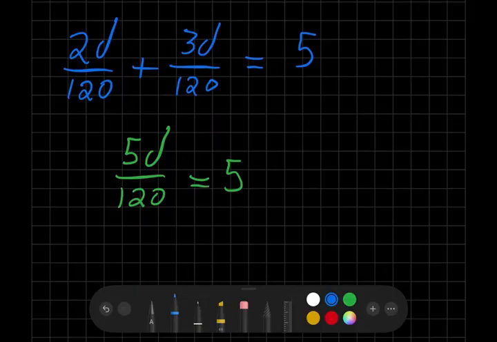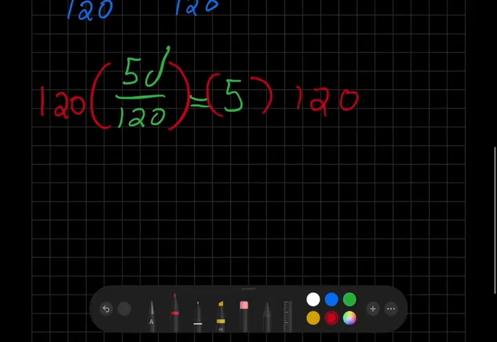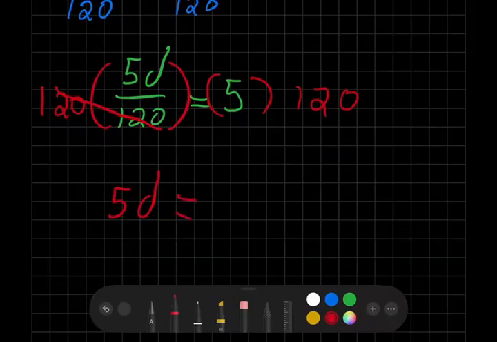So first thing we want to do is get rid of that division, get rid of that fraction. In order to do that, we multiply both sides by 120. That eliminates this fraction right here, leaving us with 5d. 120 times 5 is 600.